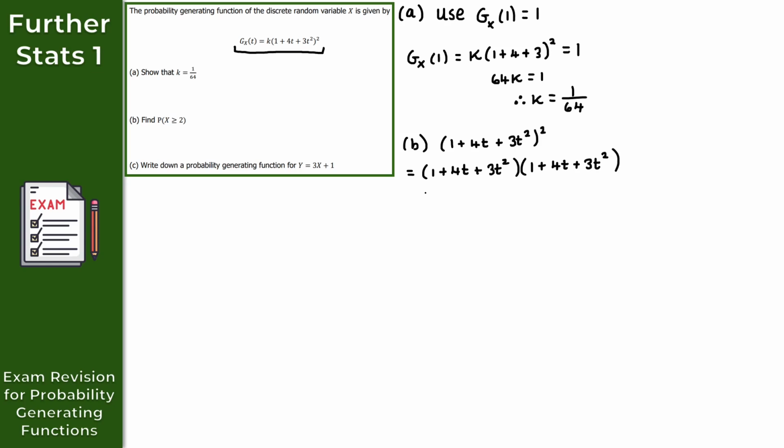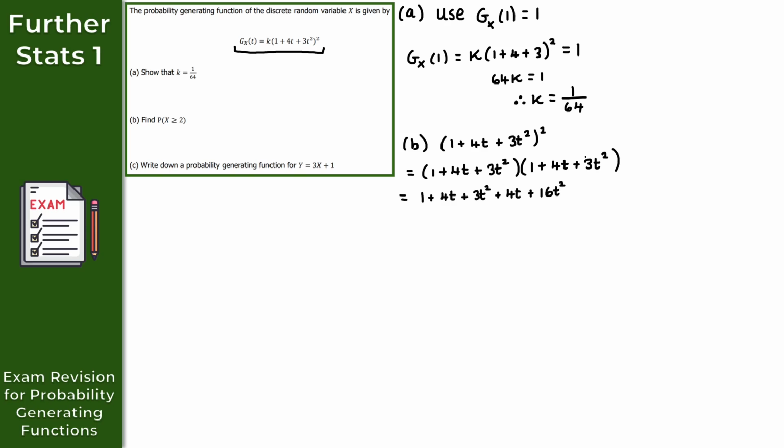So 1 plus 4t plus 3t squared, like so. Now if we expand these double brackets, I've got 1 times 1, so that's 1. 1 times 4t, so that's plus 4t. And finally 1 times 3t squared, we get 3t squared. Okay, let's keep going. I've now got 4t times 1, so that's plus 4t. We then have 4t times 4t, so I get 16t squared.